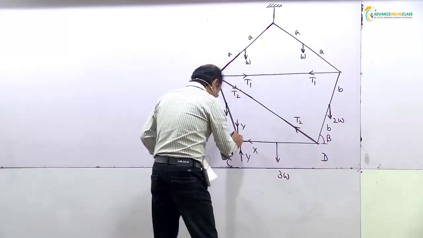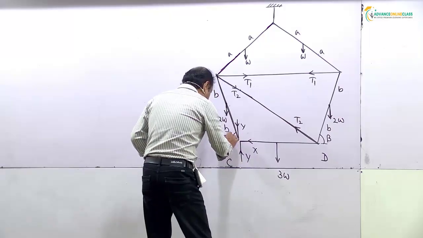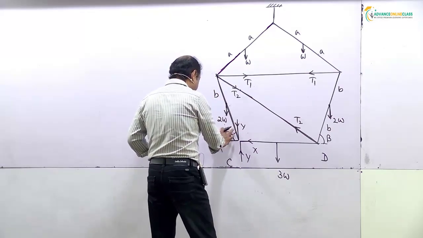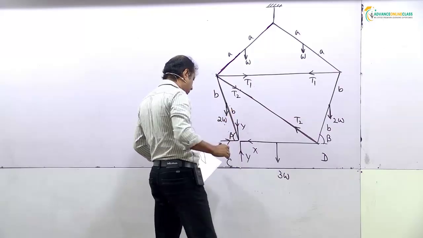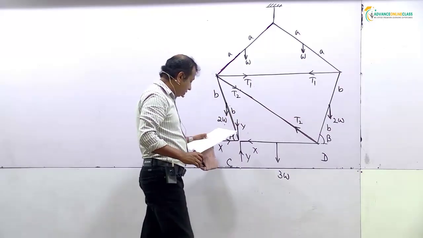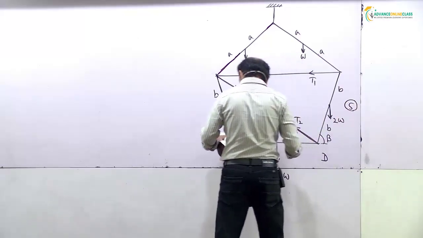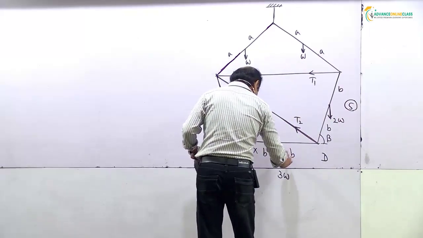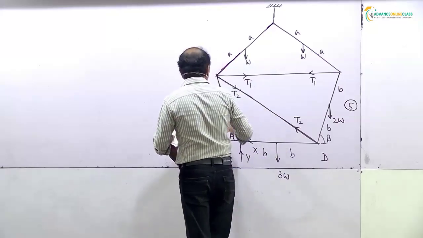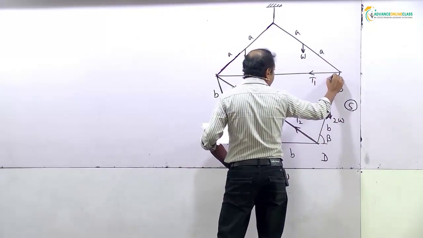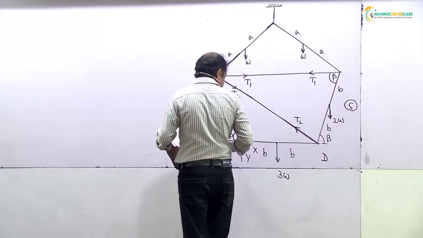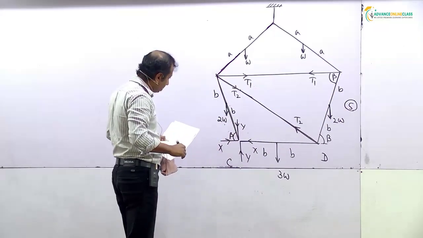This is beta, this is also beta. For the diagram, 5 marks are enough. Here B, here B, beta.